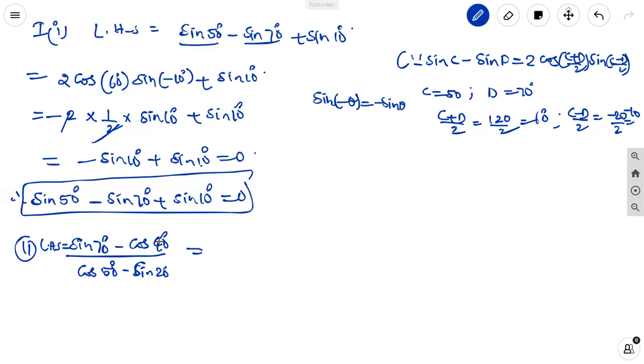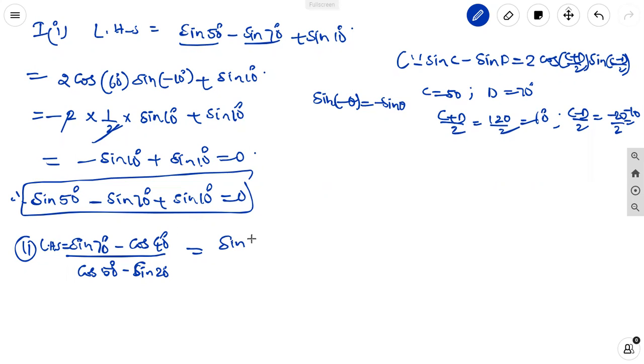The formulas need both to be sin or both cos: sin C plus sin D, sin C minus sin D, cos C plus cos D, cos C minus cos D. But here we can write 20 degrees as 90 minus 70, and cos of 40 degrees as 90 minus 50. So both are 90 minus an angle, which means cos becomes sin and sin becomes cos. So we can convert either sin into cos or cos into sin.